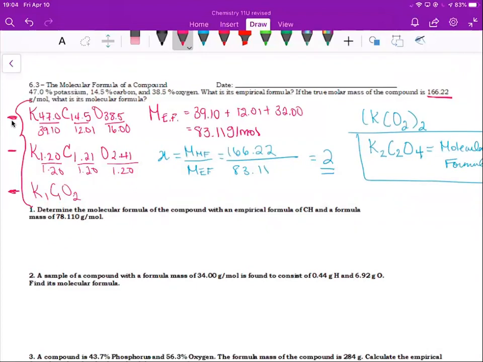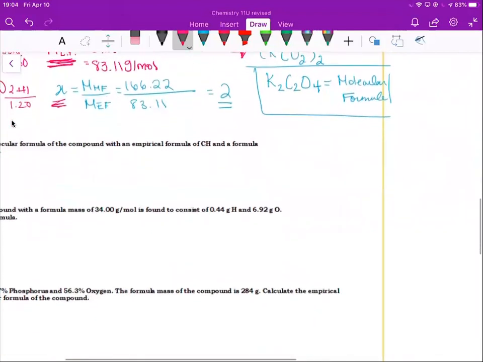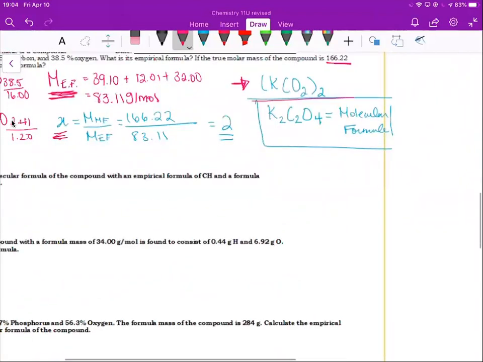And now I have my empirical formula. I then found the molar mass of my empirical formula, which was then used to find the multiplier x. Once I had that, I was able to multiply all my subscripts in my empirical formula by my multiplier, and then voila, I'm able to get my molecular formula.